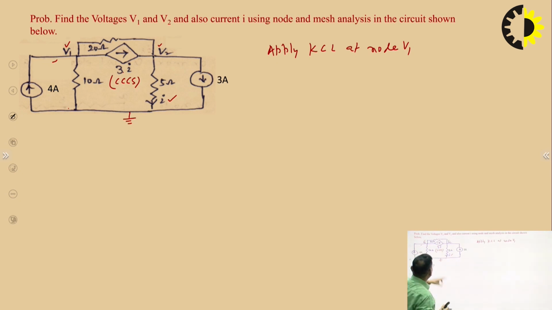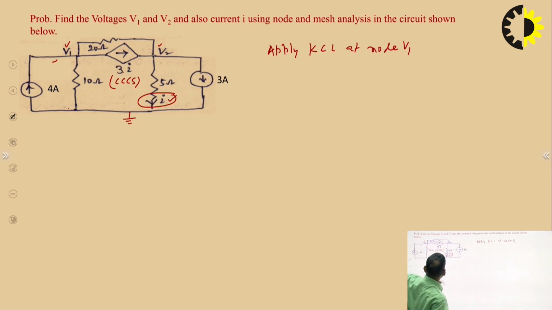It is a dependent source, and these are the independent sources. So there are 2 independent current sources and 1 dependent. It is a current controlled current source, and the current of this source depends upon the current of this branch I.